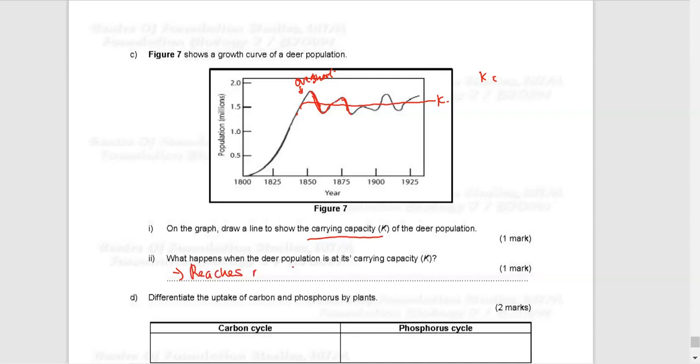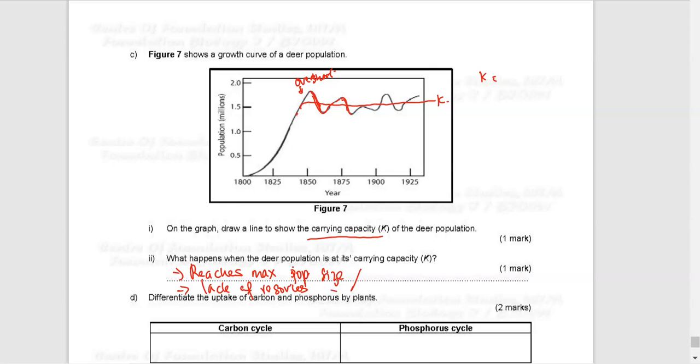Or you could also say death rate equals birth rate. This is due to lack of resources. As I said earlier, when there are too many deer in the population, the food sources have been eaten up. Lack of resources.